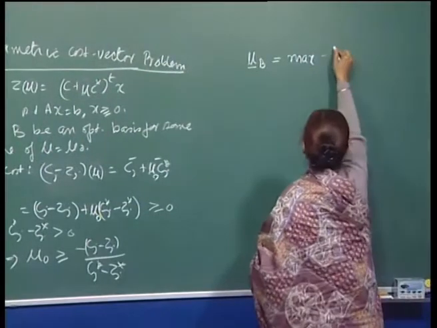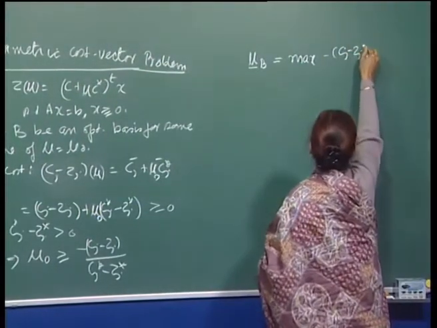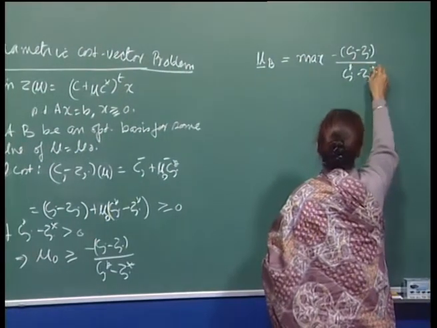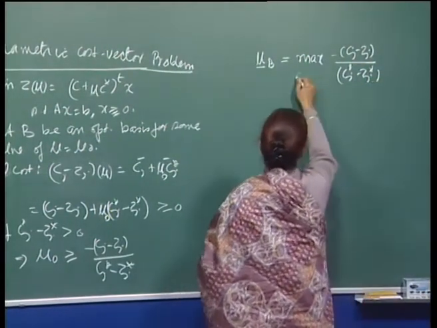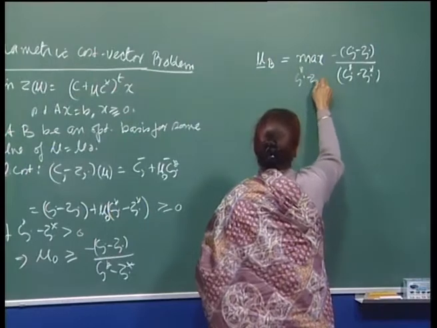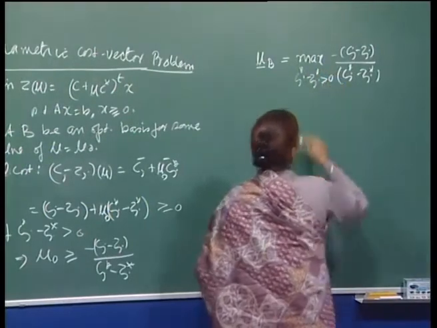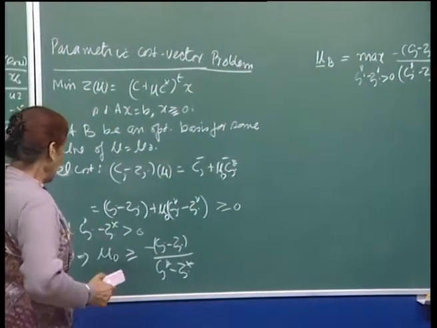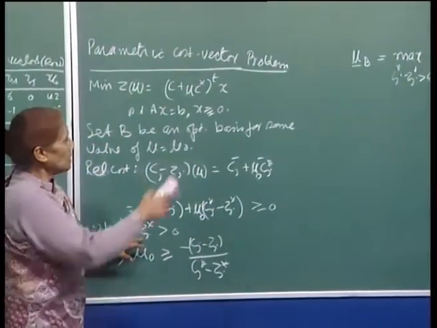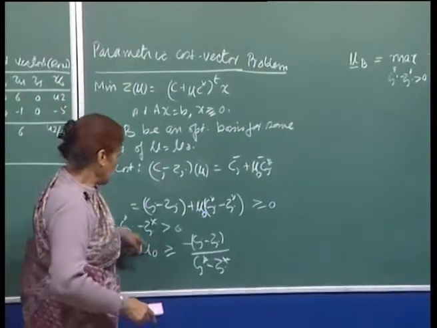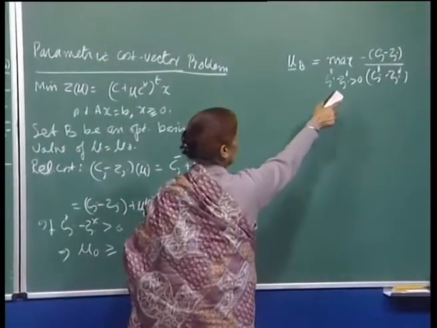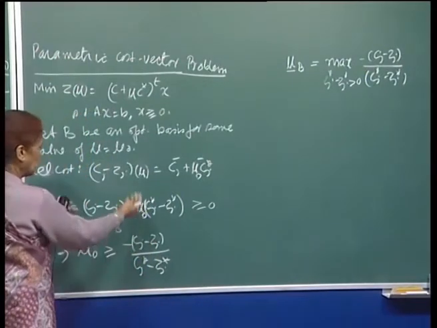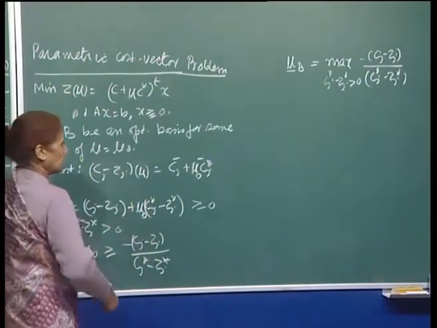As long as this is so, for all values of mu greater than mu lower bar, the optimality criterion would be satisfied.